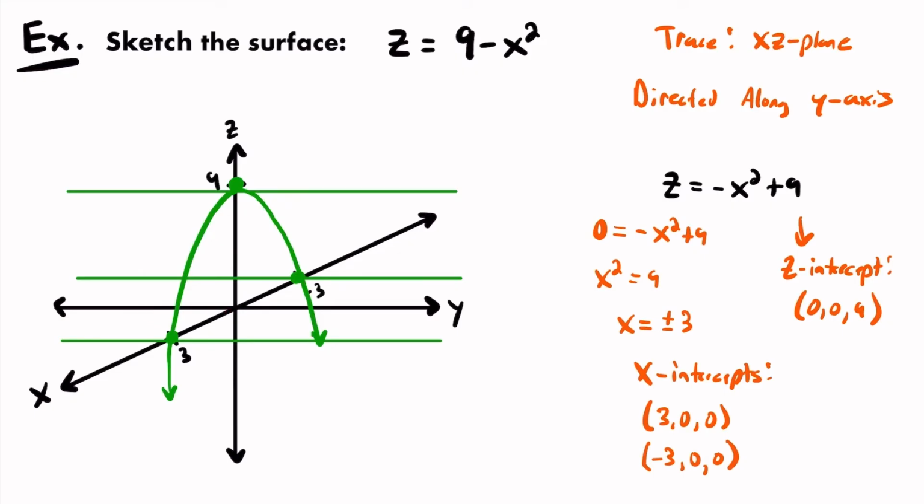So I'm going to try to draw the same parabola here, but just shift it over a little bit in this y direction and then in this y direction. So I'll draw one here, and I'll draw another one right here. Okay, so those are my two extra traces of the parabola to show that we are projecting it along the y-axis.